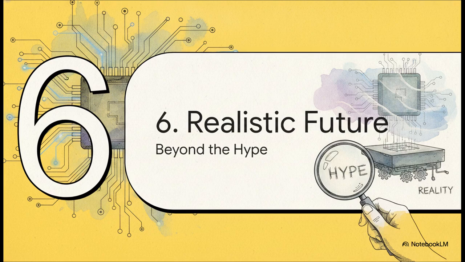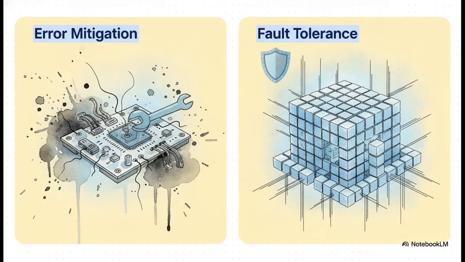Finally, Section 6, the realistic quantum future. Time to engineer beyond the hype. The absolutely crucial point here is understanding the difference between where we are and where we are going. Right now, we operate in the era of error mitigation. This means we use software tricks and additional measurements to estimate less noisy results on imperfect physical hardware. But the ultimate goal? That's fault tolerance.